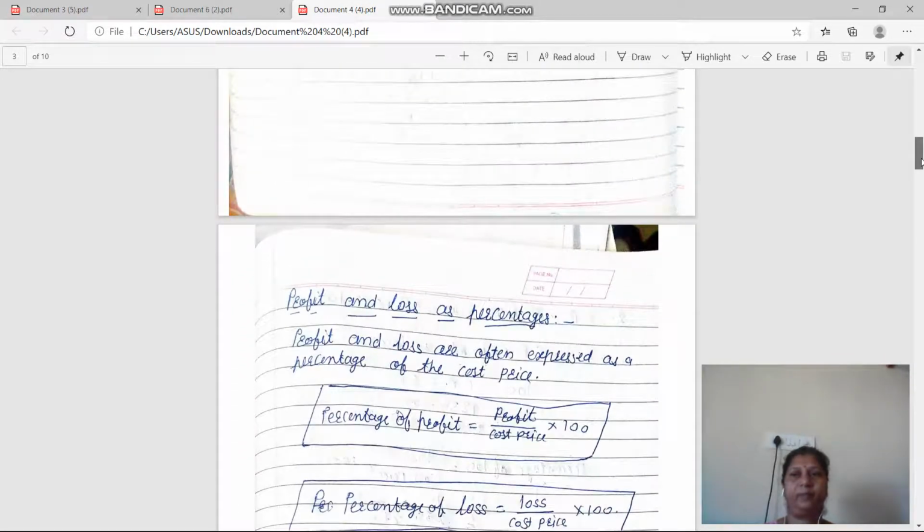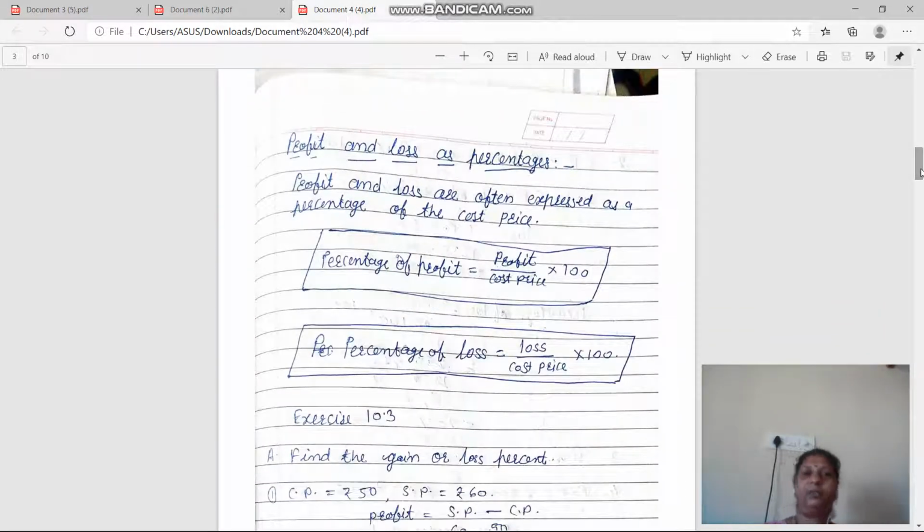I have skipped the story sum because story sums are not included. If it is any story sum, it may be a little one, not so lengthy. You have to read, and I am sure you can definitely solve it. And I have already taken 2-3 story sums.